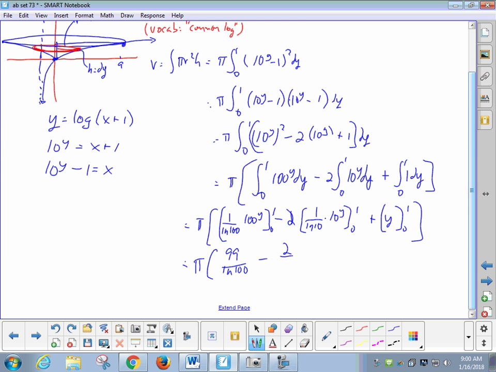Minus 2 over natural log of 10 times, what is 10 to the y from 0 to 1? 10 to the 1 minus 10 to the 0, 9, plus 1. And I think at that point, these really are like terms. We could make this log of 10 squared, bring down the 2, and combine like terms. What are you feeling? No? Yeah? Let's call it good. After that yawn, I'll say, let's call it done.